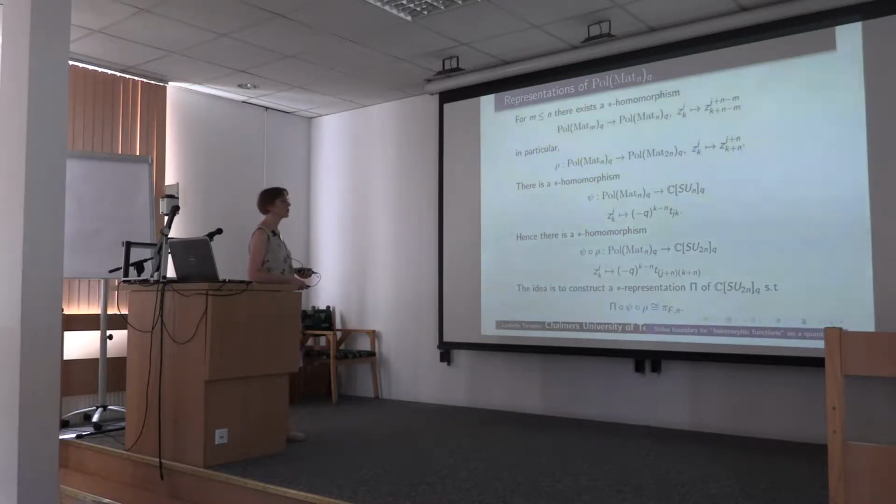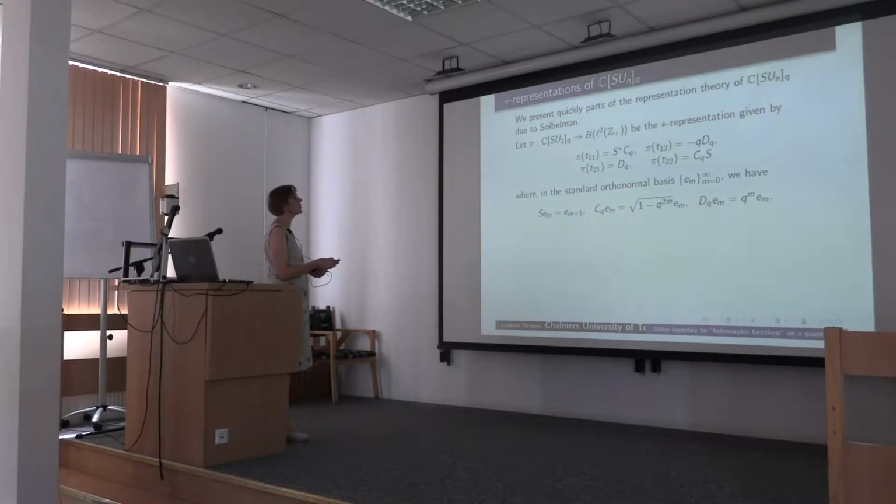So the idea is to construct a star representation π of this such that the composition of π with this homomorphism will give us this Fock representation. And it's possible to do.